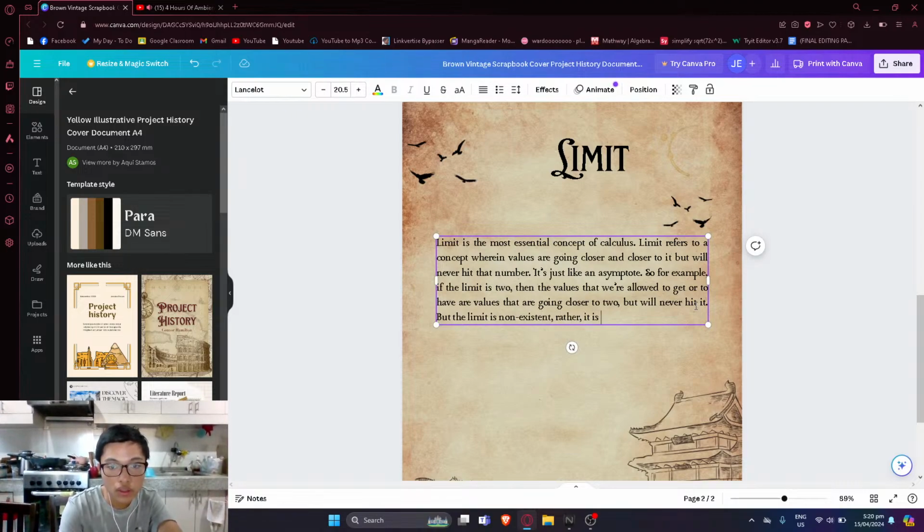Rather, it is just a restriction for the values, and so it's not physically there, but it's kind of like an absolute law.